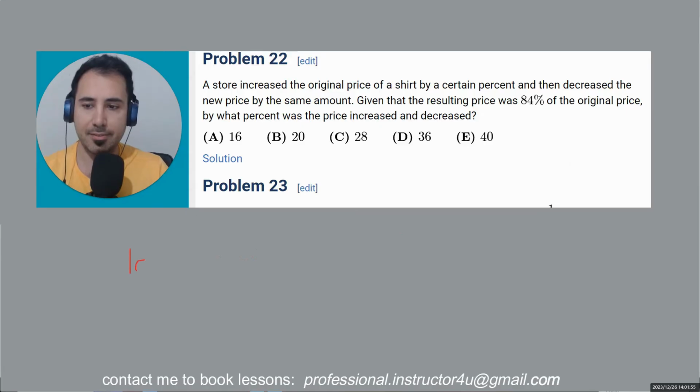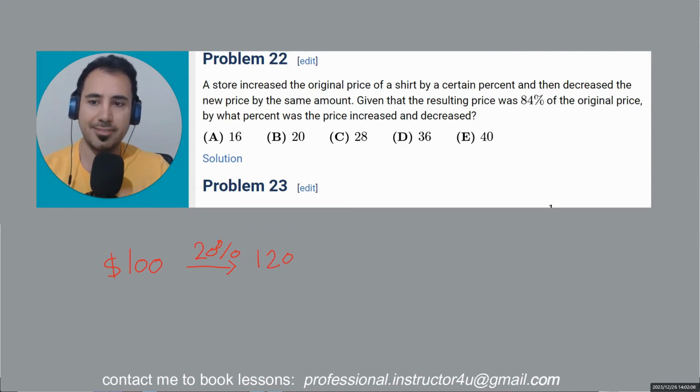If something is $100 and we increase it by 20%, it becomes 120. Most people first find 20% of 100, then add it. It's correct, but it's long. So what we do, this is 100%.